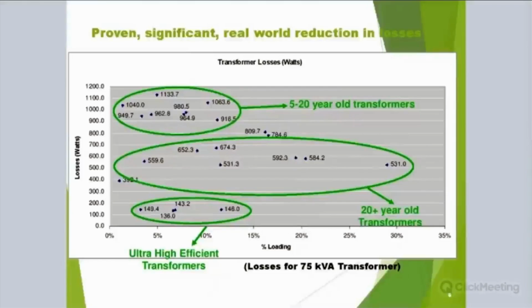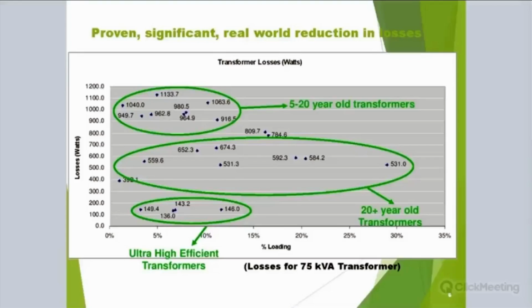What has been found over actual tests in the market, and I'll explain why we're looking at loading on transformers, is because where the Department of Energy tests transformers versus where they're actually loaded in application is a far cry from being the same.